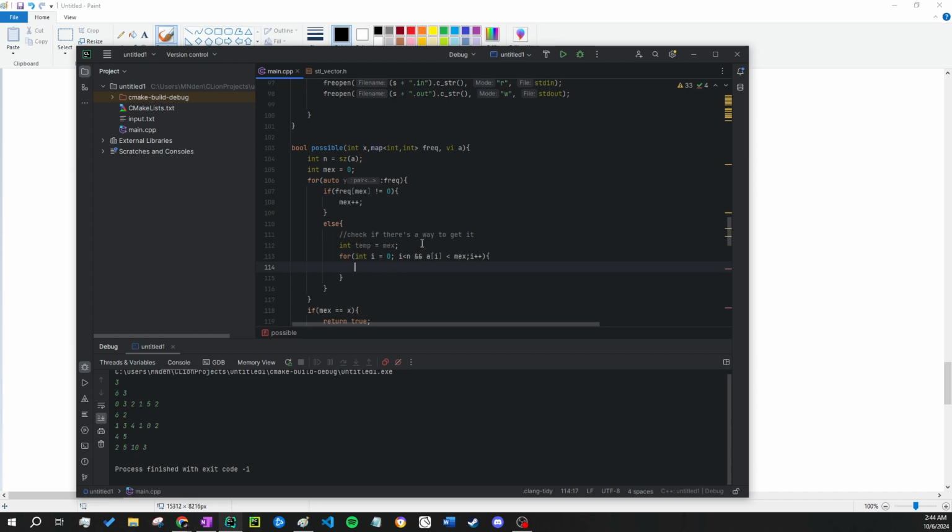So what we're going to do is basically check if frequency dot temp minus, sorry, we're checking if max minus i times x is in the array. Actually, I don't think we really need that. We can just do true, because it's going to break regardless.